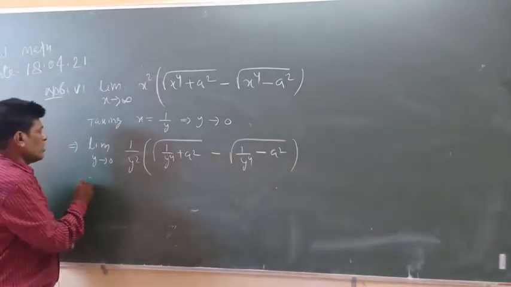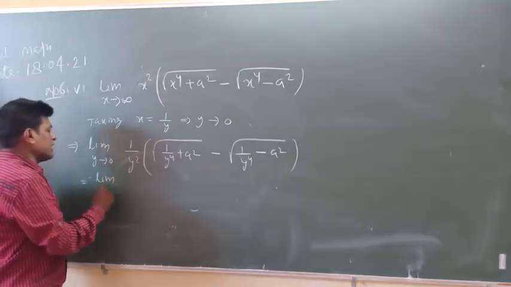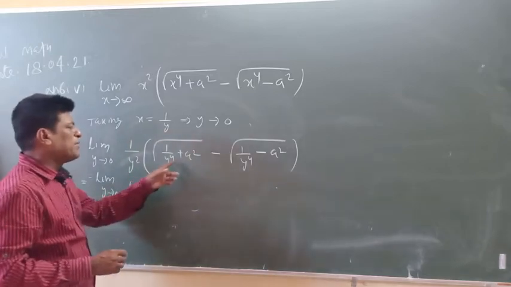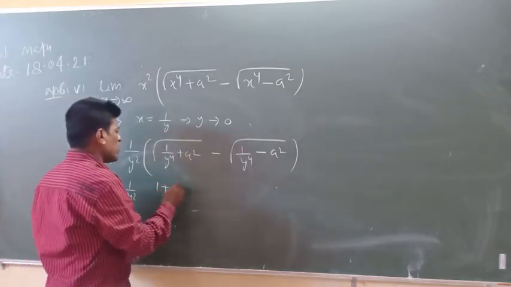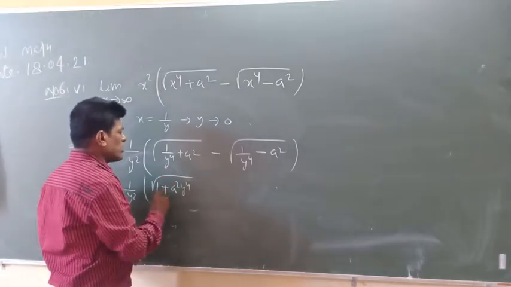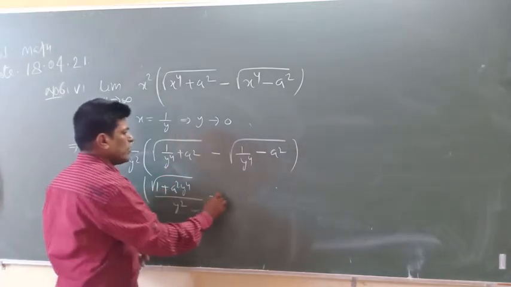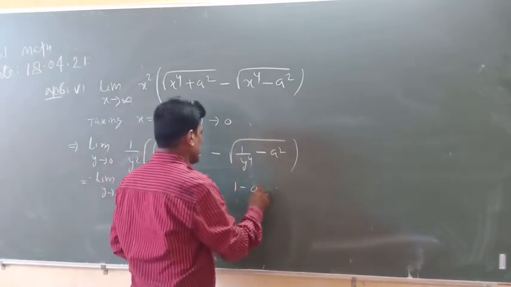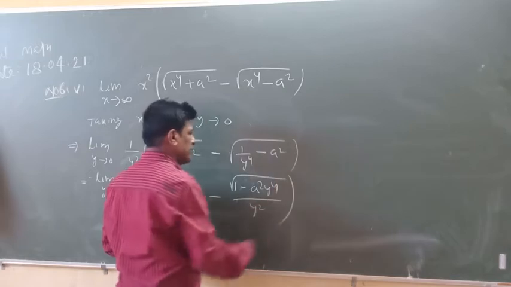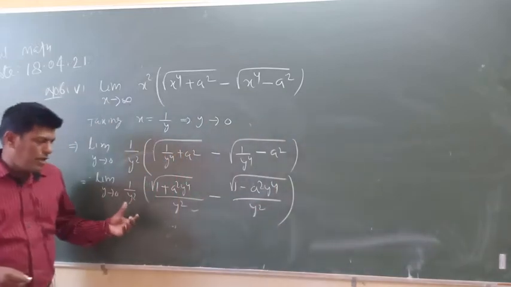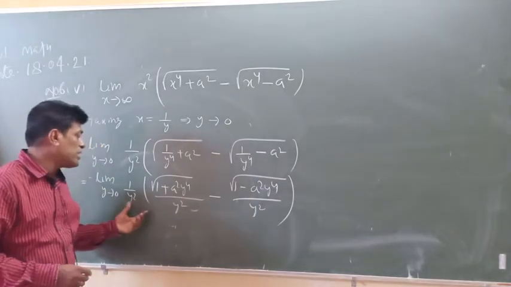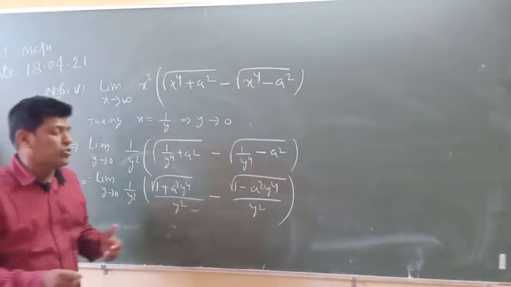Now you look, that becomes limit y tends to 0, 1 by y square, LCM is y fourth, the root of 1 plus a square y fourth over y square, minus the root of 1 minus a square y fourth over y square. From the numerator side, you can take y square common on both sides.